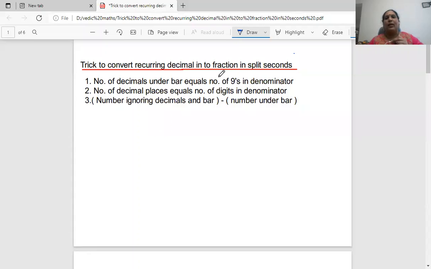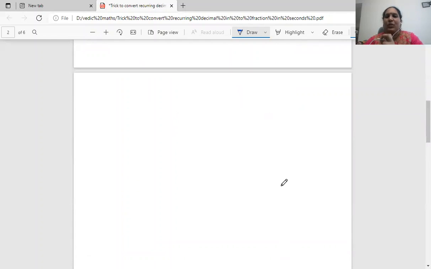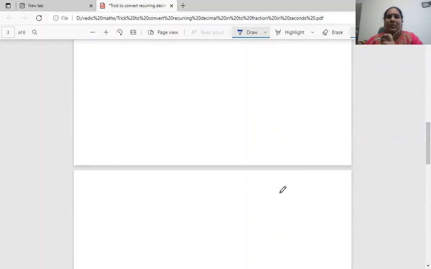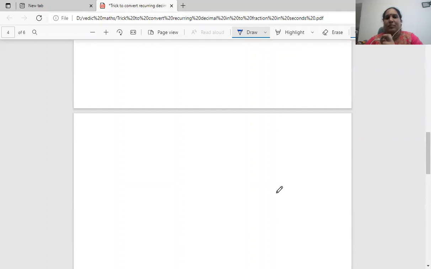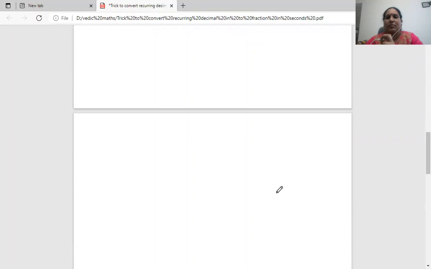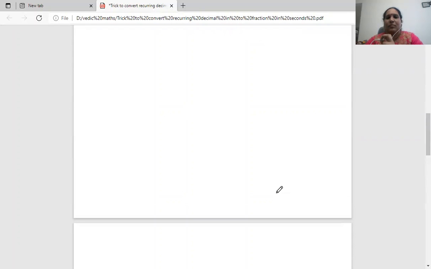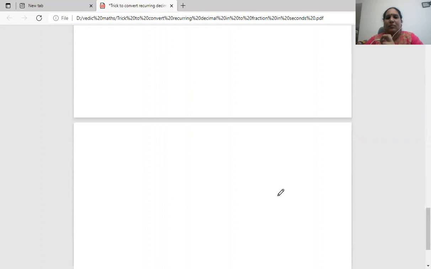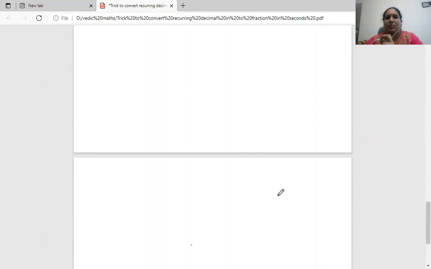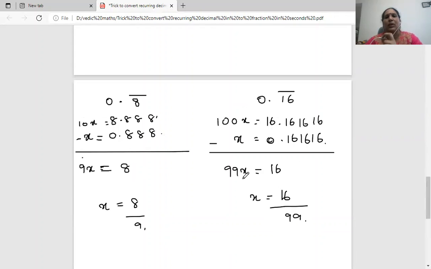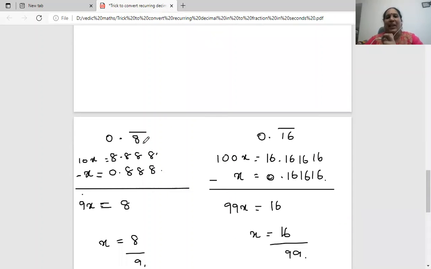First, let me show you how we do it in conventional math. Here we have 0.8 bar.